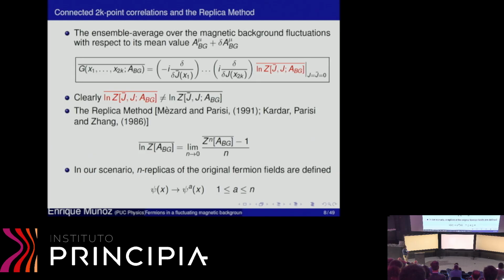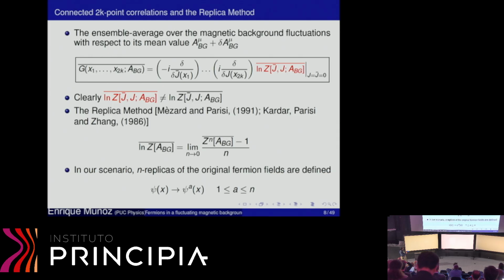One way to do that is by using the so-called replica method or replica trick that goes back to the mid-80s, proposed back then by Parisi and co-workers. And it uses the following simple identity.